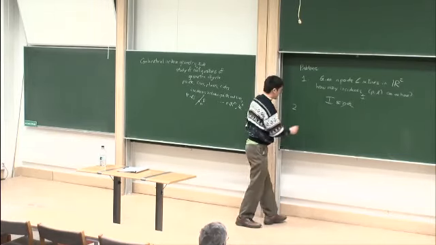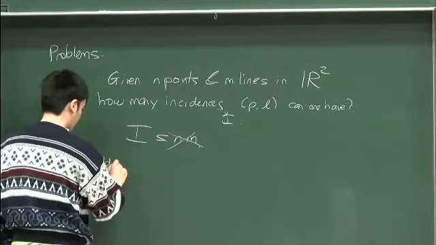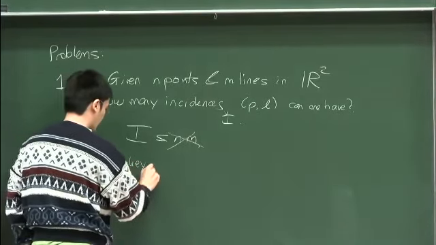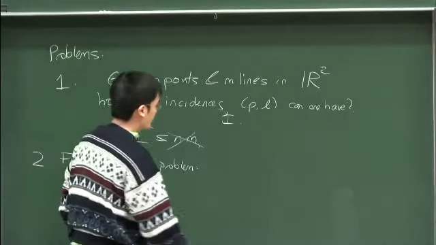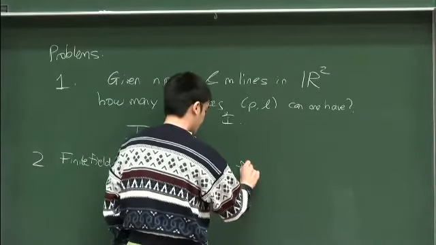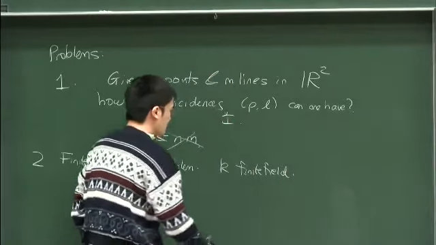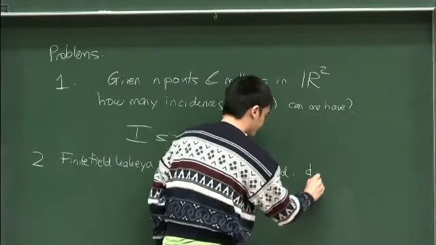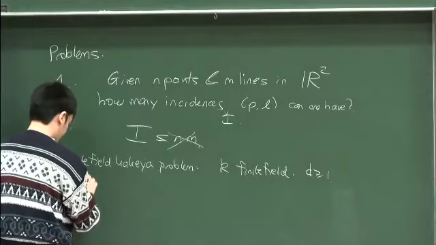Another question is the finite field Kakeya problem. Okay, so now we work in a finite field. Okay, and you pick some dimension d, and you define a Kakeya set.